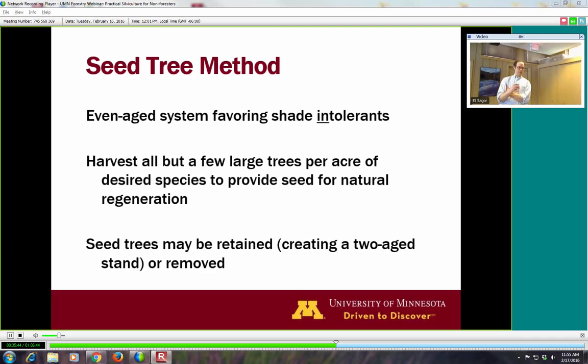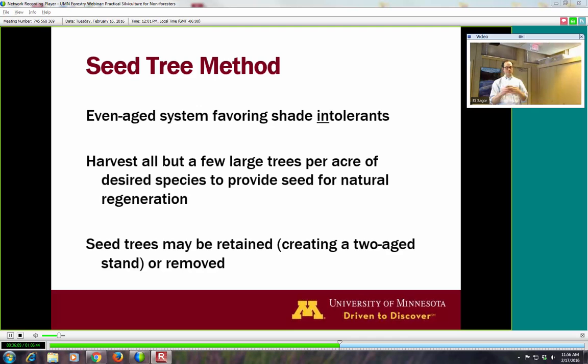So what we're going to do is harvest all but a few large trees or a few wind-firm trees per acre of the desired species to provide seed for natural regeneration. Generally, seed trees are evenly distributed across the stand. We're not using the seed trees to alter the light environment.